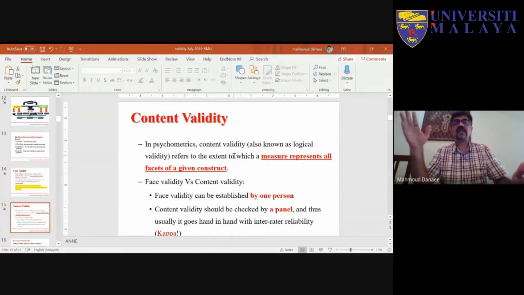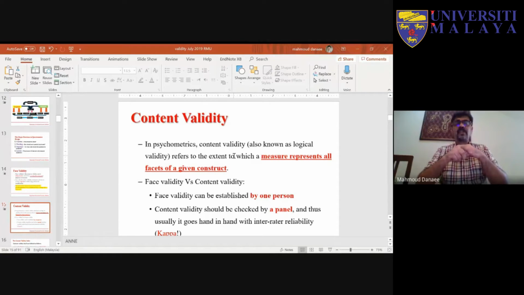It's a kind of logical validity, and it measures how the items can represent the aspects of the variable of interest. So both kinds of validity, as I mentioned earlier, can be evaluated by a group of experts. But before moving to measuring the content and face validity, I have a question.